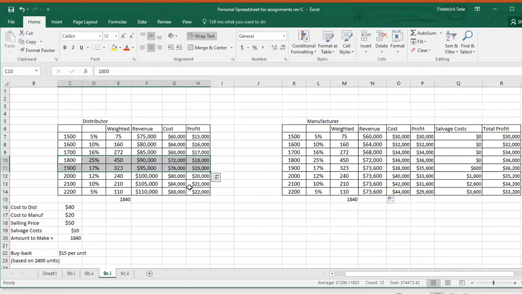Let's say for some reason your calculation says that the distributor's profit is actually higher the higher you go up. But the manufacturer is going to limit the amount of money that the distributor makes, because the distributor is only going to sell what's available. And we don't deal with 1840 here because the distributor doesn't pre-order.